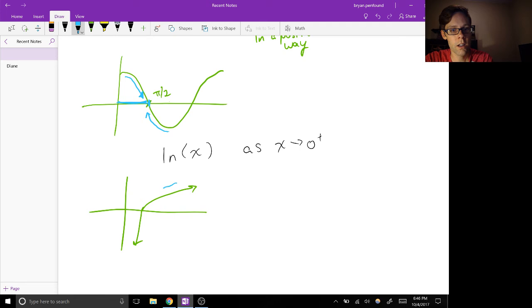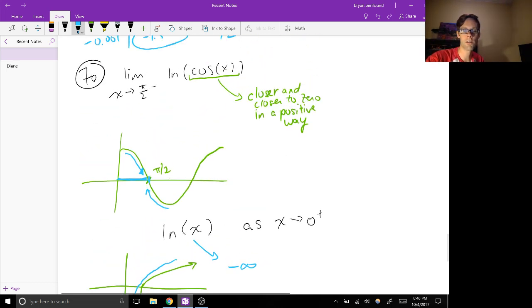And as we get closer and closer to 0 from the positive direction, it looks like my y sequence is getting larger and larger negatively. So it looks like this is tending towards negative infinity. So I think overall there's a vertical asymptote happening with this particular function. I think it's tending towards negative infinity.